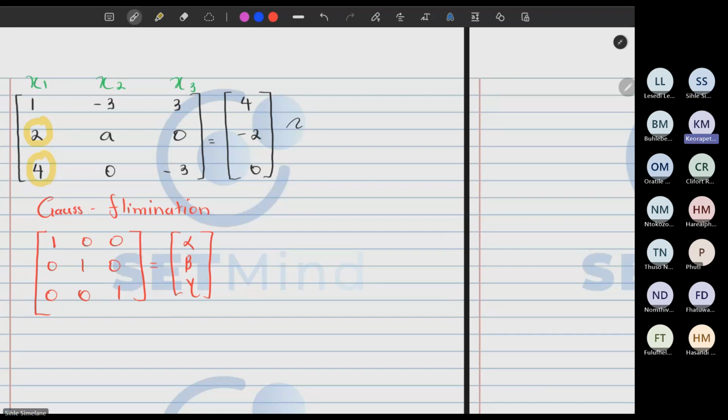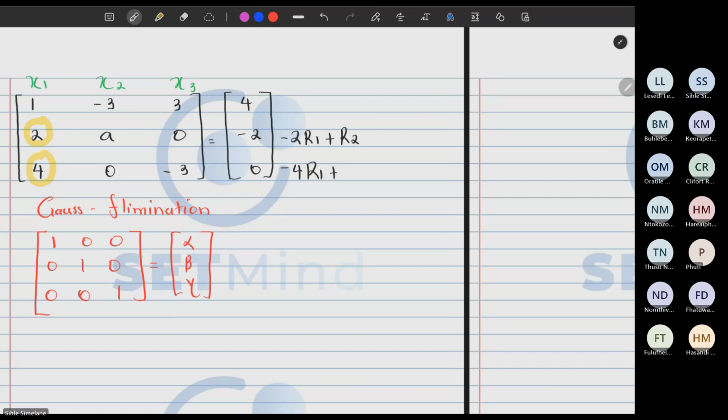To eliminate 2, you can multiply row 1 by -2 and add it to row 2. And to eliminate 4, you should multiply row 1 by -4 and add it to row 3.